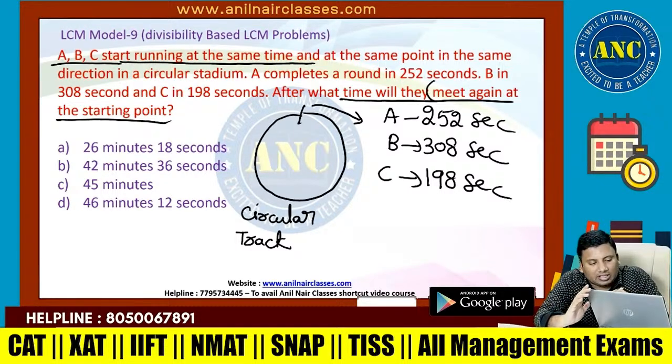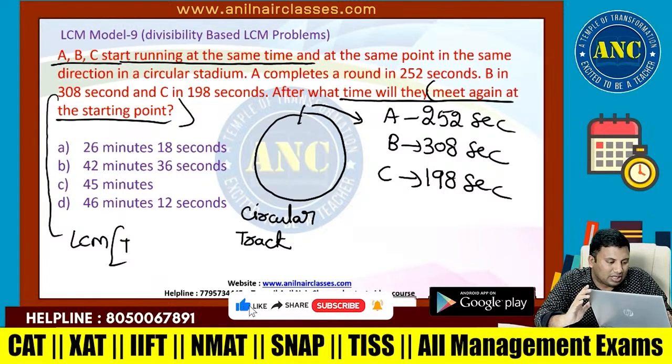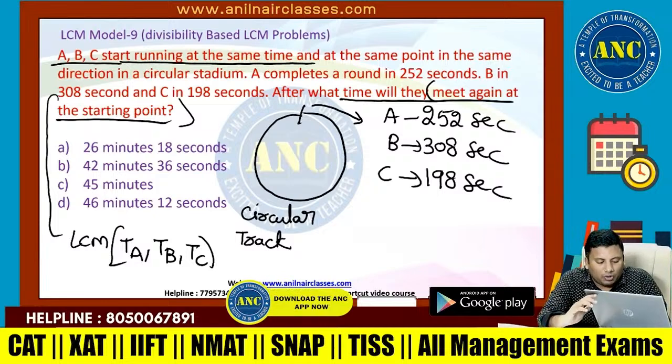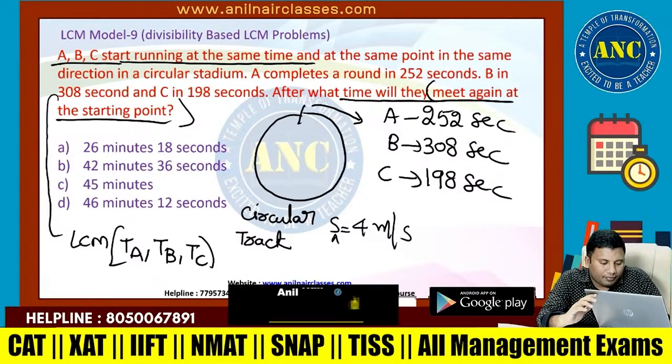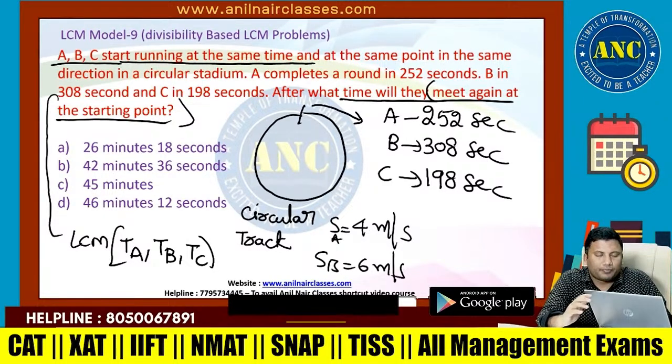Meeting again at the starting point is nothing but the LCM of the time periods taken by these three, TA, TB and TC. Suppose somebody is going at 4 meters per second and another at 6 meters per second.